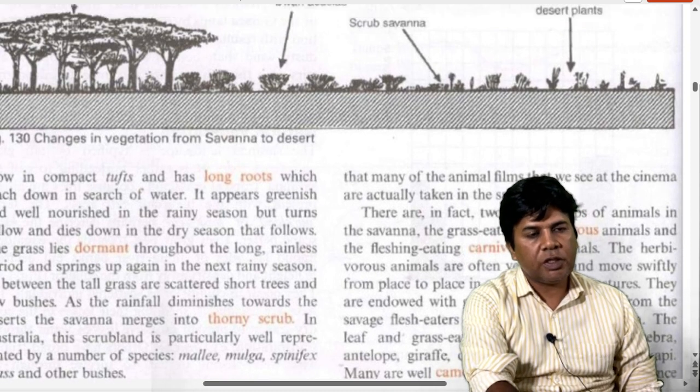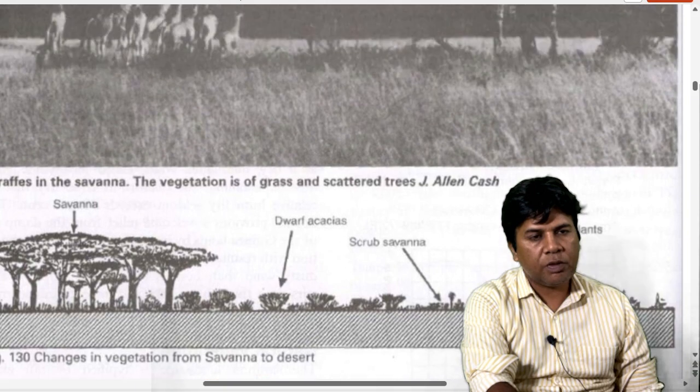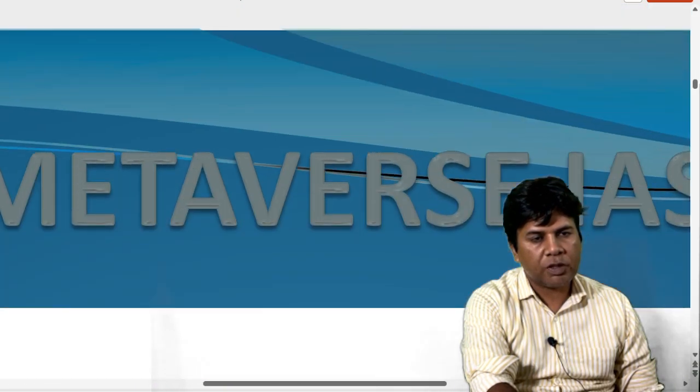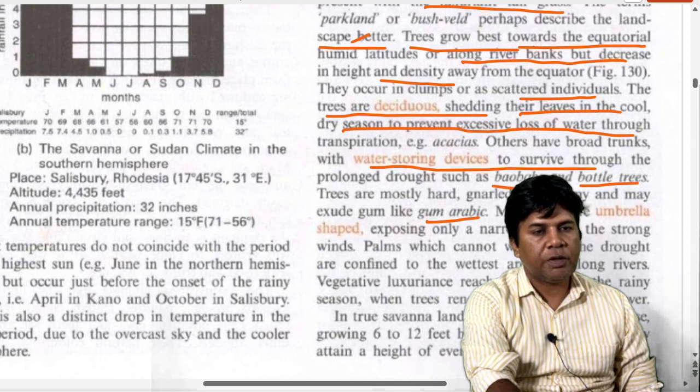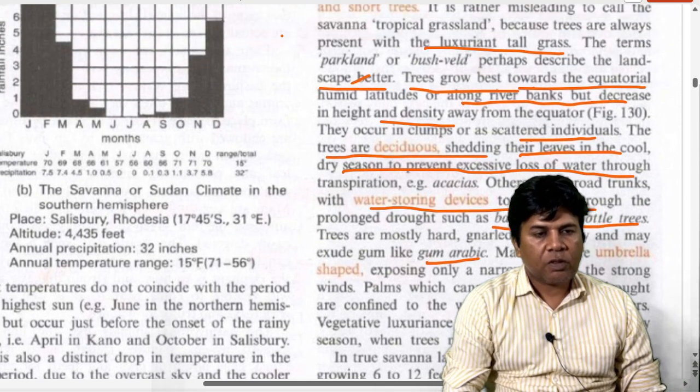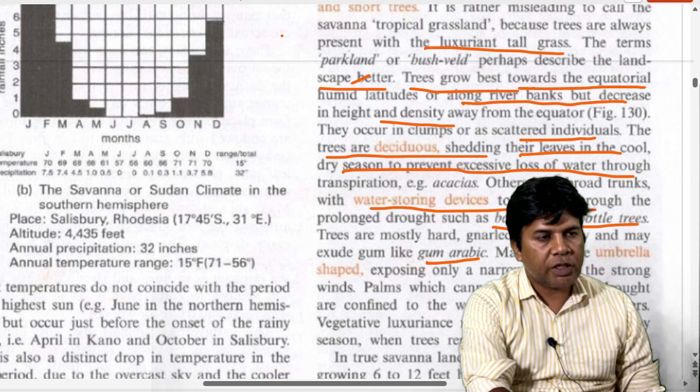So basically, if you see in these areas, the plants have adapted to a deciduous habit, because there are two types of plants in these areas.